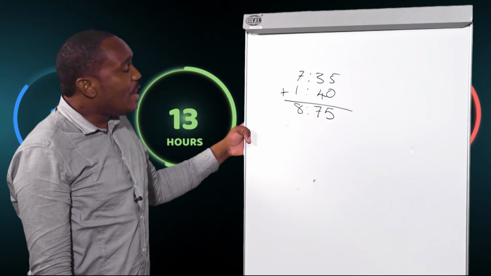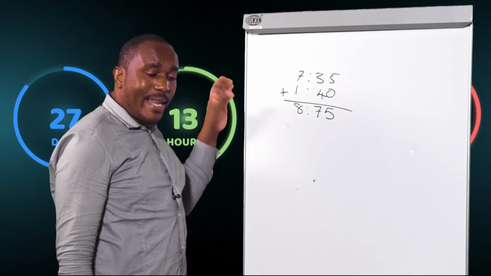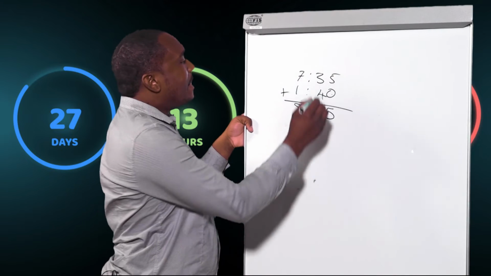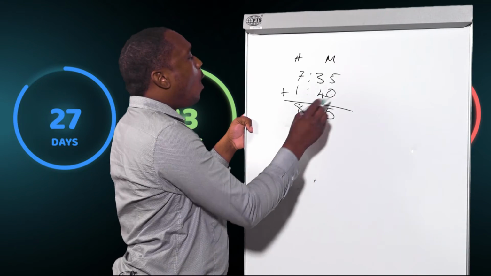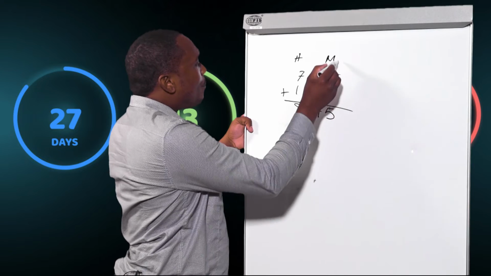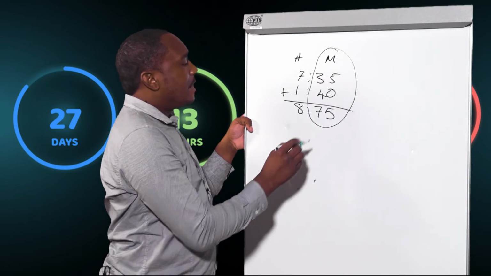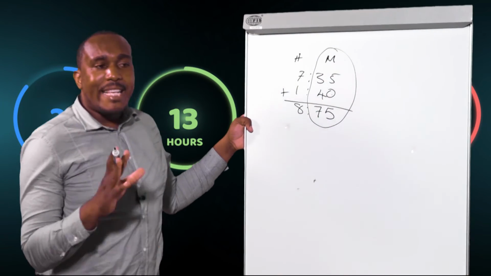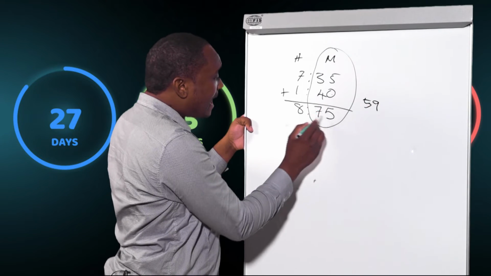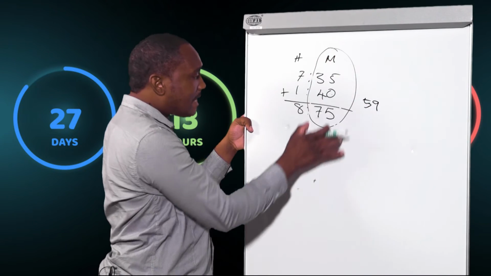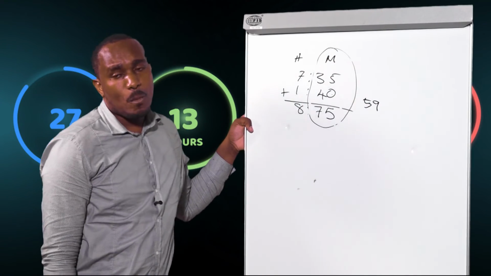We are saying that the rule of calculating time, this is hour and this is minutes. On the part of minutes, there shouldn't be a number exceeding 59. 59 should be the last number on this part.